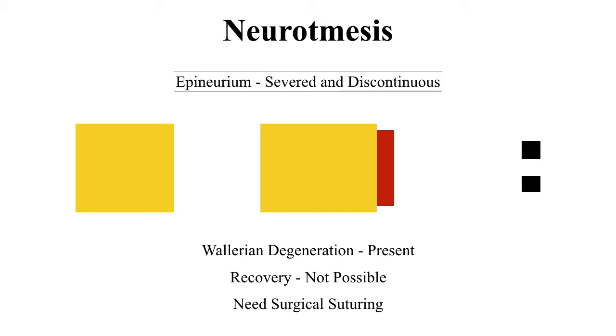So these are the three types of nerve injuries. So anatomy, three layers: epineurium, perineurium, endoneurium, and physiologically three nerve injuries: neuropraxia, axonotmesis, and neurotmesis.